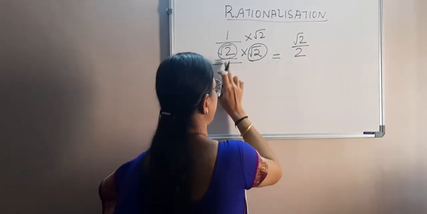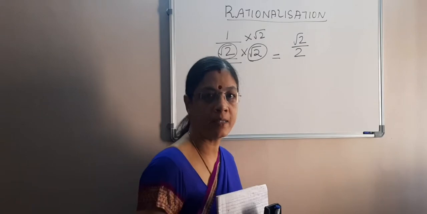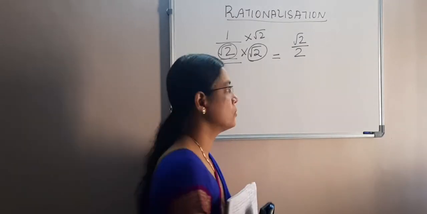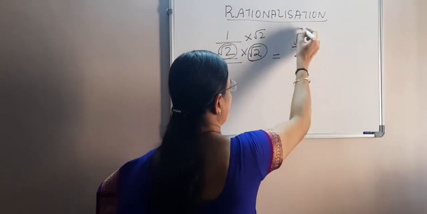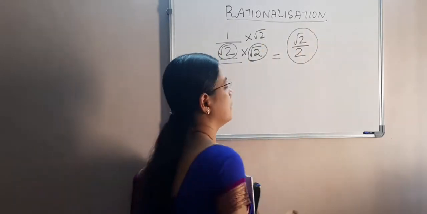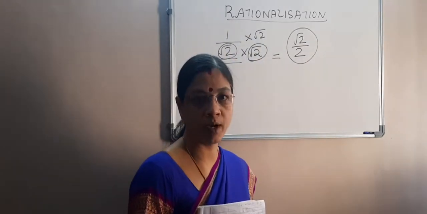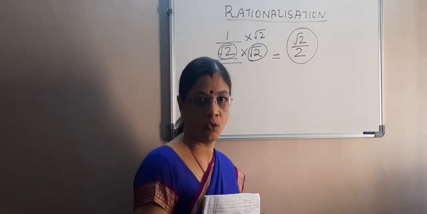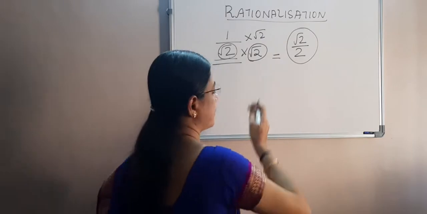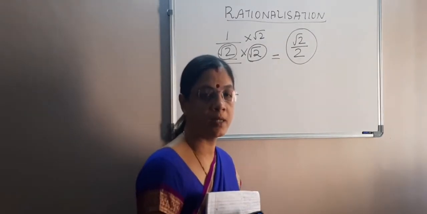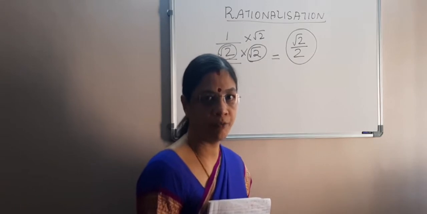I have made this irrational number a rational number here. So 1 by root 2 has been rationalized to root 2 divided by 2. That is your answer. This is how we rationalize an irrational number which occurs in the denominator of a fraction.